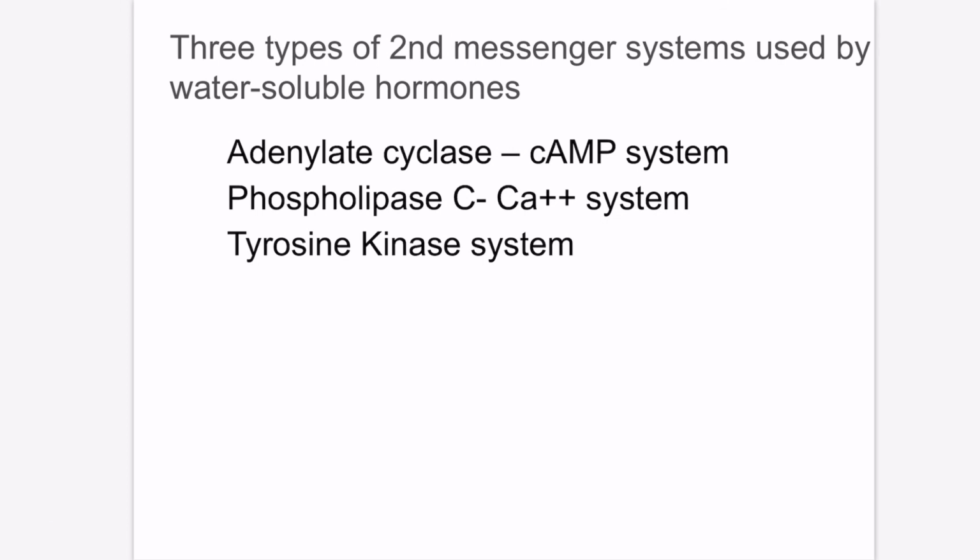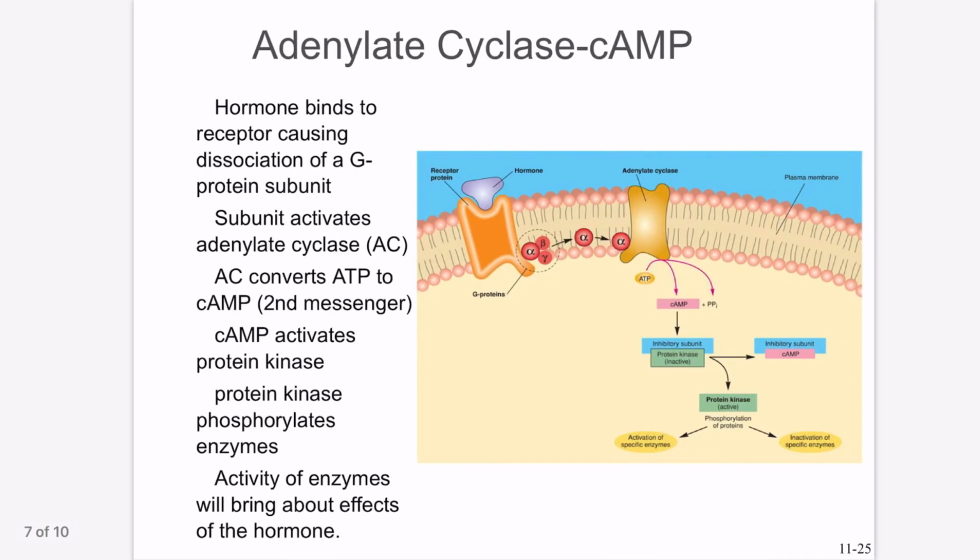So there's three main types of second messenger systems used by these water-soluble hormones, and we're going to talk about each type. So first off, we have adenylate cyclase and cyclic AMP. And so here, we've seen this before, we have a hormone, a hydrophilic hormone, attaching to a cell surface receptor.